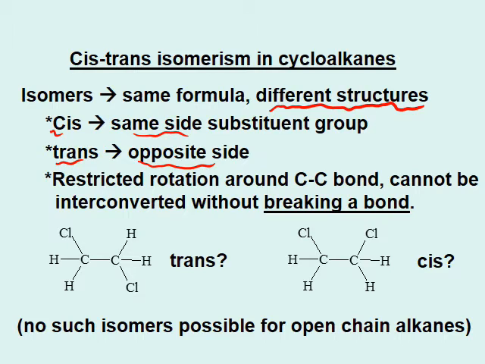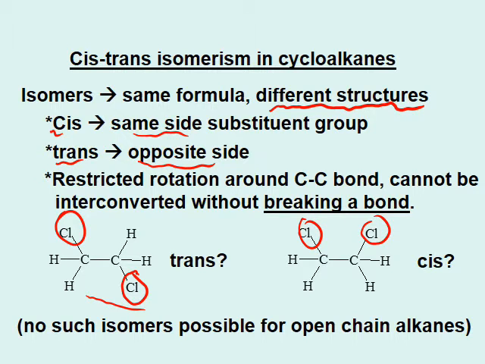You cannot convert cis to trans or trans to cis without breaking a bond. Sometimes it may seem to you, for example in the bottom example the way I have presented this, these 2 Cl are on opposite sides. On the right hand side, these 2 Cl are on the same side of the molecule.